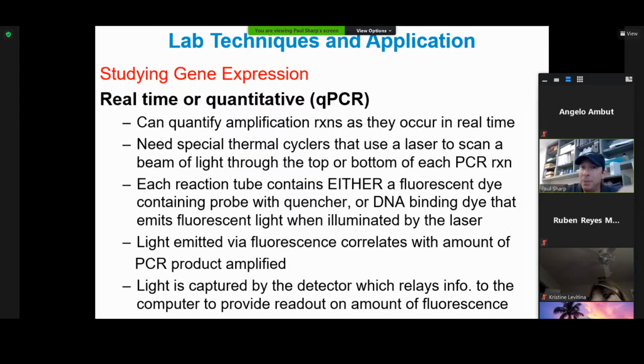But when we're doing qPCR, it's called quantitative PCR because we get a higher level of resolution. We can actually count the number of mRNAs that we started off with. We can determine how many copies of mRNA were present.